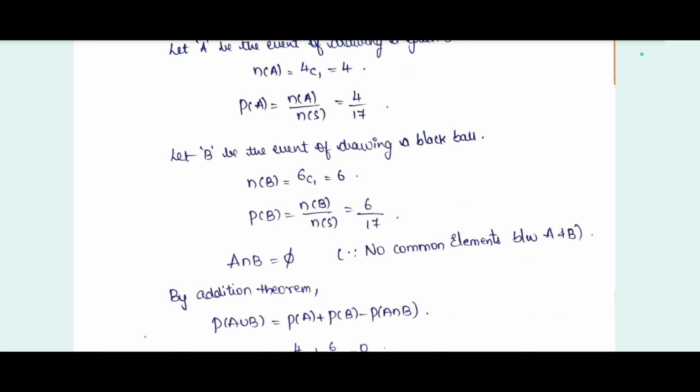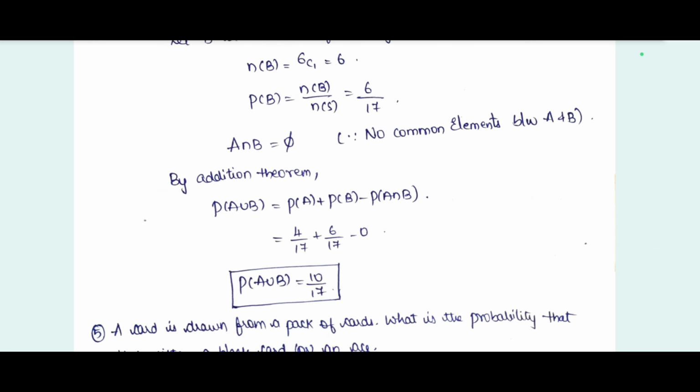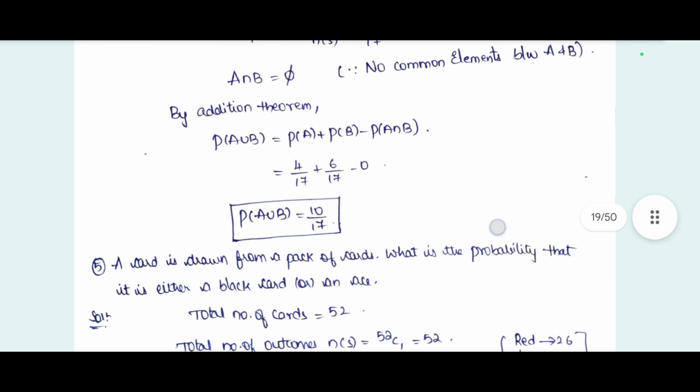There are no common elements between the two events A and B, so A intersection B is 0. Probability of A union B is P(A) plus P(B) minus P(A intersection B), that is 6 plus 4, 10 divided by 17. Directly you will get the answer also. This is the probability of getting a green or a black ball.